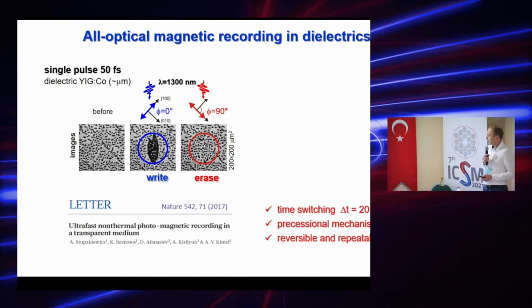After changing the linear polarization by 90 degrees, we observe resetting or erasing of the domain, and the magnetization comes back to the initial state. In this case, we use only a single laser pulse, and the wavelength was 1.3 micrometers, in the near infrared range of the optical spectrum.